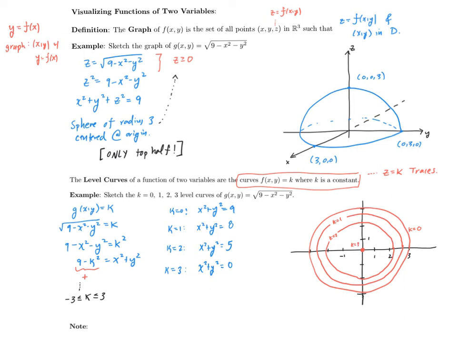Now that we have all of these level curves drawn together, let me note that this is something we refer to as a contour map. And contour maps are familiar things.